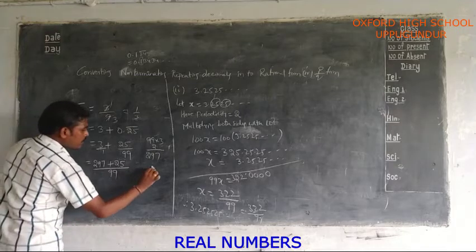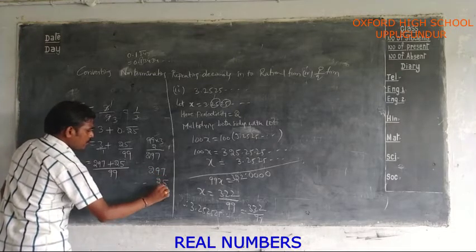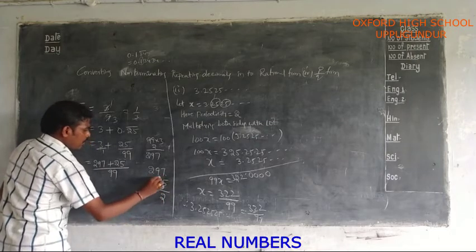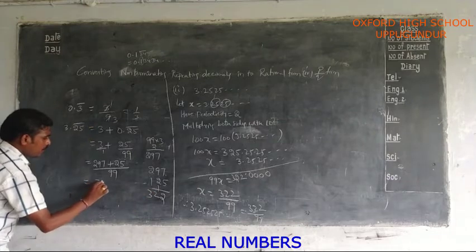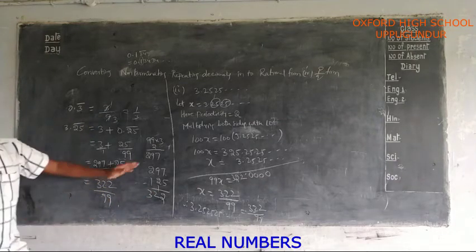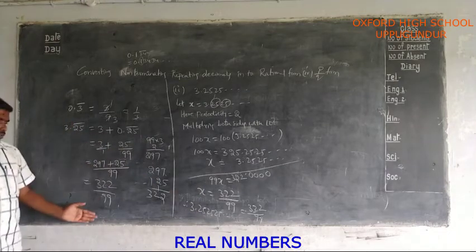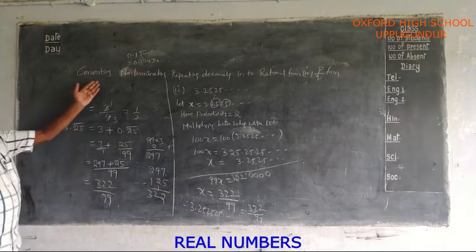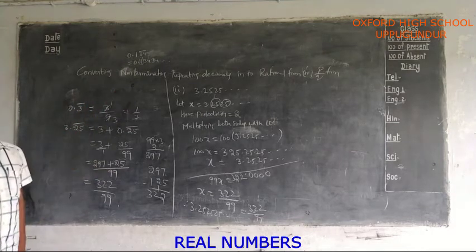What is 297 plus 25? 7 plus 5, 12. 9, 10, 12, 3. So 322 by 99. So without doing all the long process, in this short form also you can convert non-terminating repeating decimals into rational numbers.